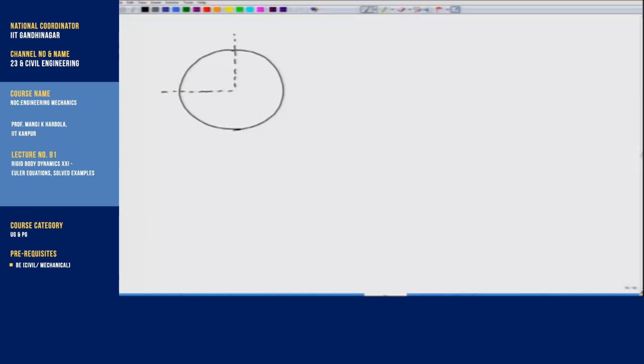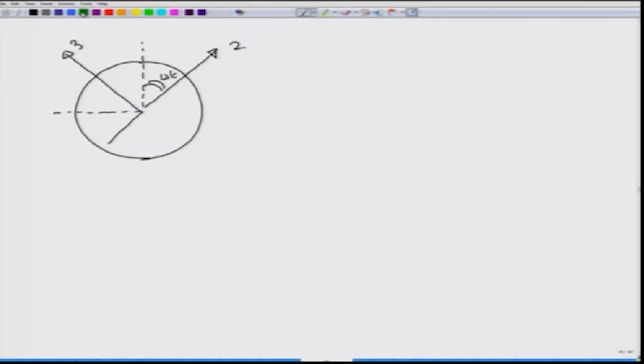I have the original 2 and 3, this is my axis 2, this is my axis 3, this is omega t, and we have already calculated that tau 2 is in this direction and its magnitude is m r square by 2 capital omega omega sine of omega t.